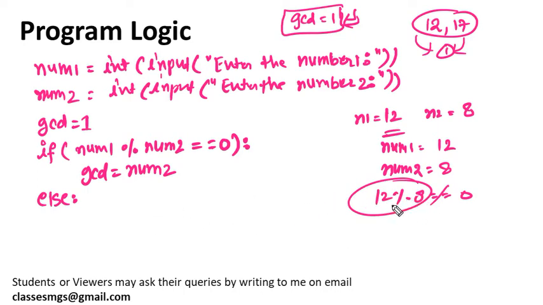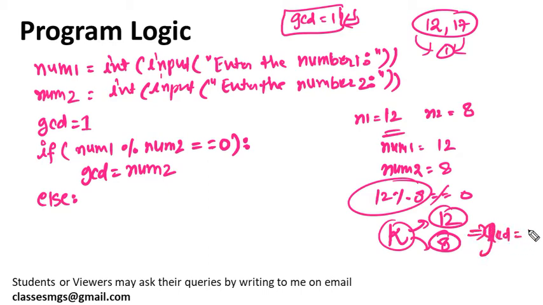Either you take number 1 or number 2 and try to divide both numbers with a number k. Take a number k and try to divide 12 and 8 with it, and if k divides both 12 and 8, then k will be the GCD.